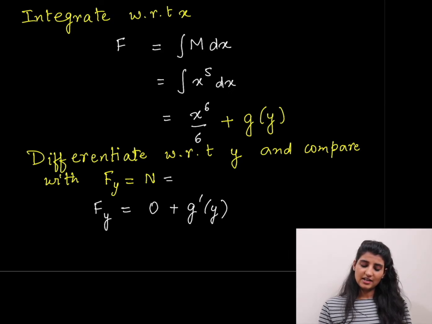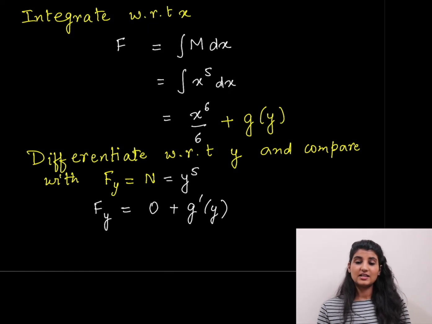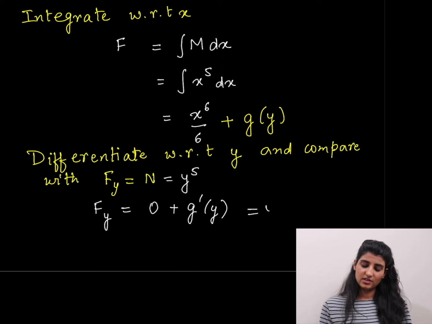And fy is equal to N. In our case, N is y power 5. So from this step, you will get the value of g prime y.